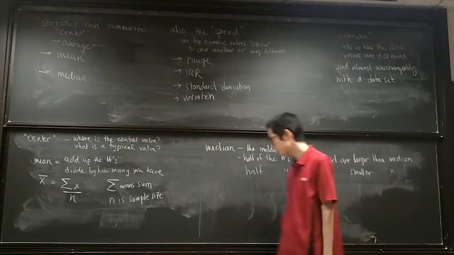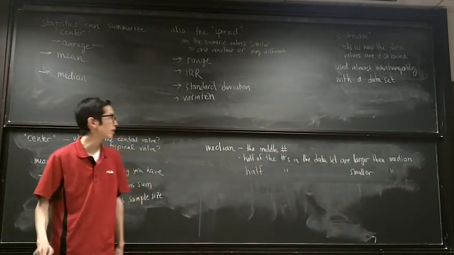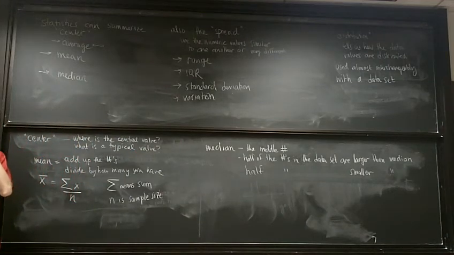So half of the numbers are larger and half are smaller. That is the median.